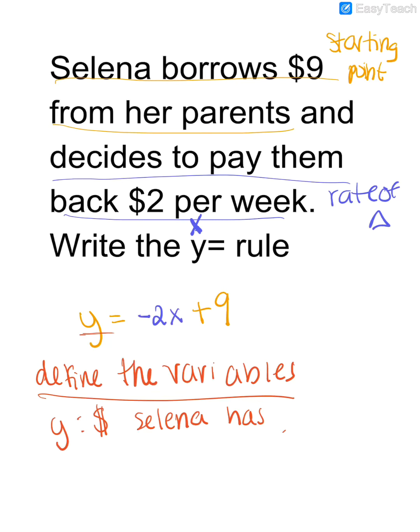Okay. So then what would the x be? The x would be the number of weeks that go by. Because every time a week goes by, this x will change to a different number.